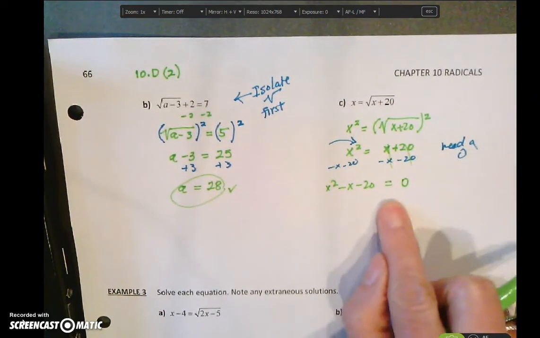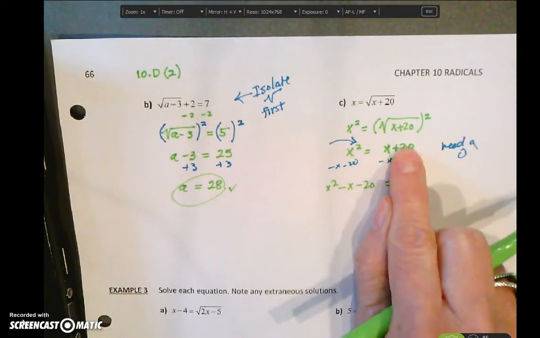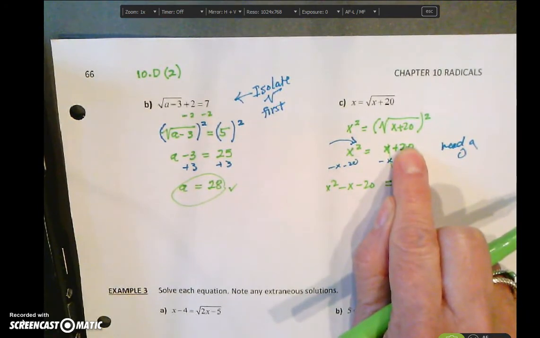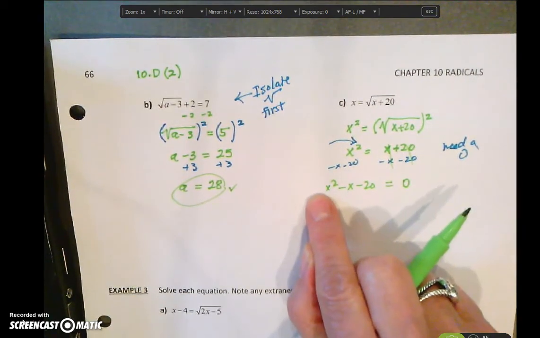So I want a 0 on one side so that I can come up with a solution. Notice I didn't take my x squared over, even though that would have been a little bit easier. Why? Because it would have made my x squared negative, and I want my x squared positive.